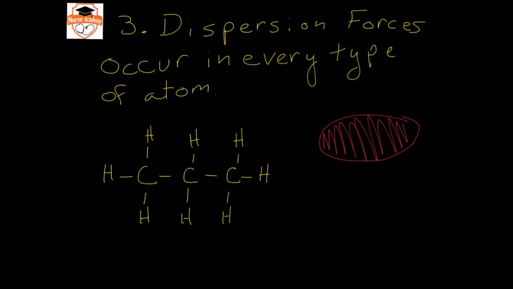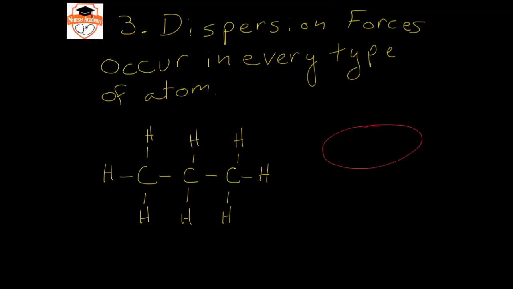Statistically, they're going to exist on one side more than on the other side. And so when this happens, we get what we call an instantaneous dipole. It doesn't last very long, but basically it's like both the electrons in the bond suddenly went to one side, and they left kind of a hole on this other side of the molecule, leaving a partial positive charge over here versus over here.